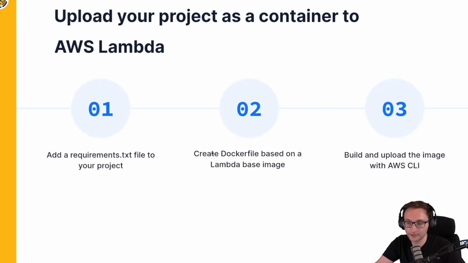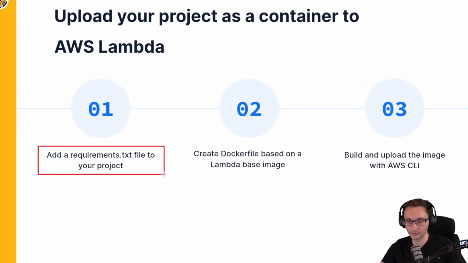So basically the steps that we need to take are: when we have the project, which is basically the Lambda function that we want to use, we need to add a requirements text file to the project. This is important because then we will create a Docker file which will install everything that is in that requirements file.